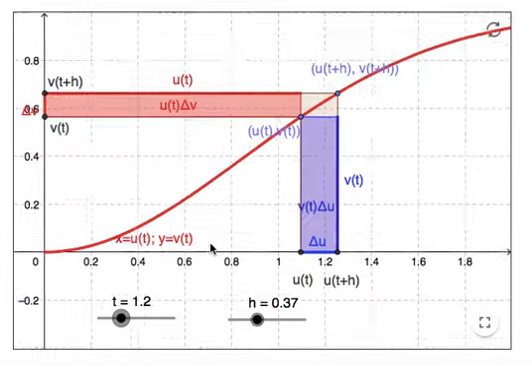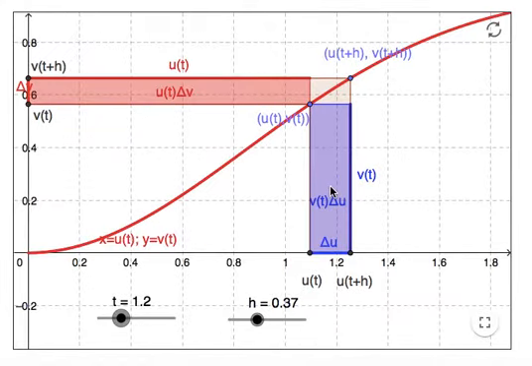Then this purple area is going to be the V function times a little bit of the change that's happening in the U. So these two areas are what's going to drive the change in area.